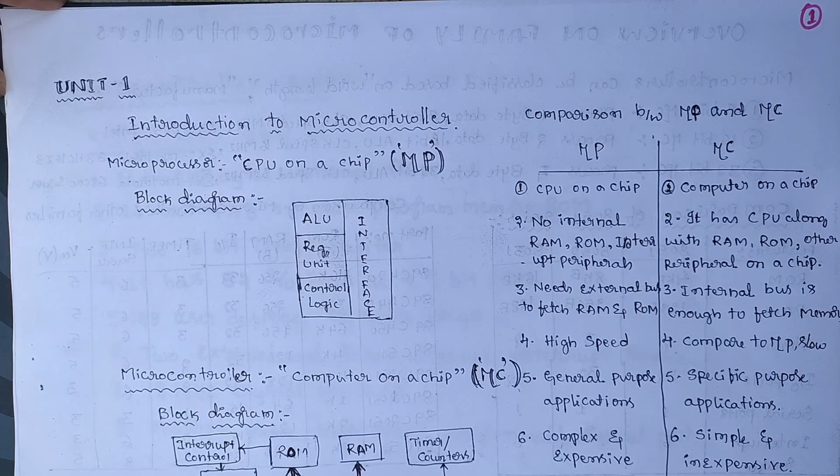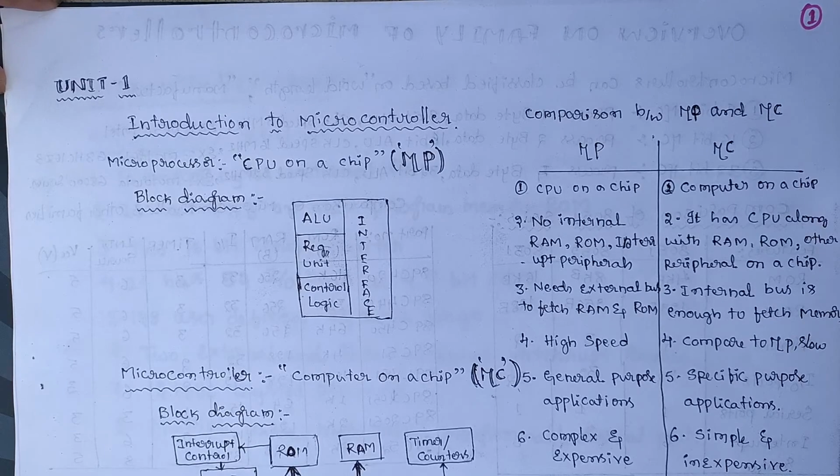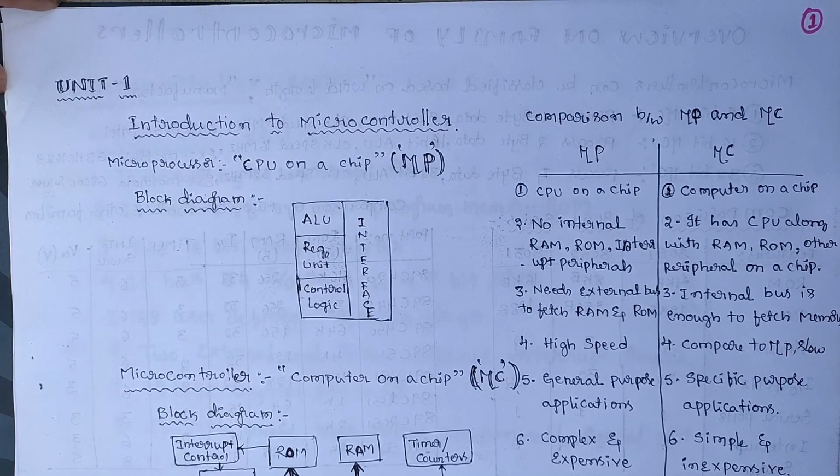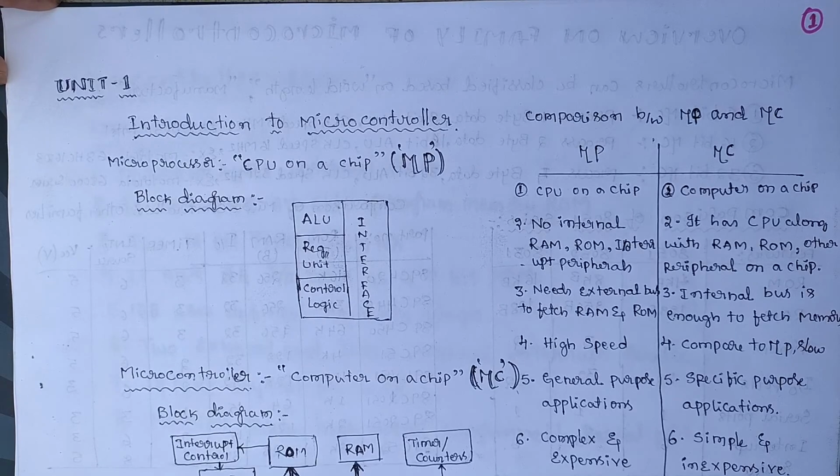So let us come to our main topic, the microcontroller. A microcontroller is also a type of processor, or an extended version of a microprocessor, because the microprocessor has some disadvantages: it doesn't have any inbuilt memory or on-chip memory. In the microcontroller, all the drawbacks of the microprocessor are overcome, and it consists of inbuilt memory, inbuilt IO and inbuilt serial ports.